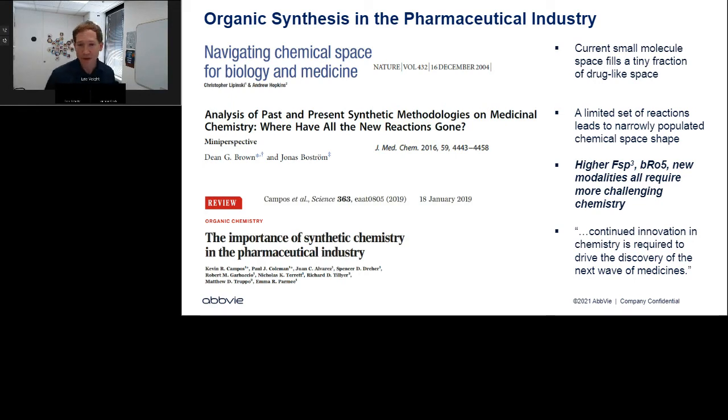Despite that fact, 12 years later, this mini perspective in JMedChem highlighted the fact that despite the vastness of chemical space, most medicinal chemists were still utilizing a very narrow set of reactions, the tried and true ones that Dani talked about. So over time, as we have insisted on the creation of more chemical matter that has high fraction sp3, larger molecules, as we're looking at new modalities to tackle targets that we had never considered before, all of these require more challenging chemistry.